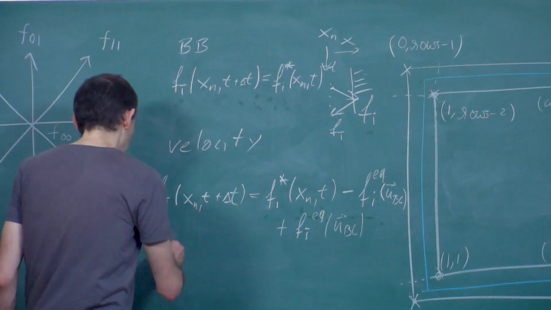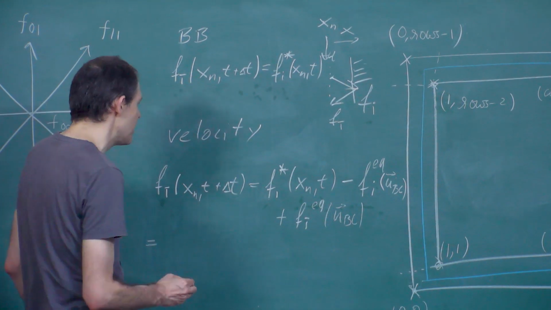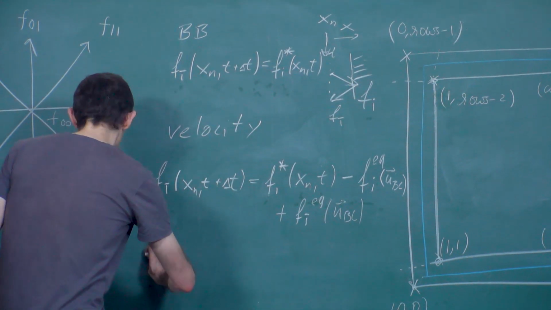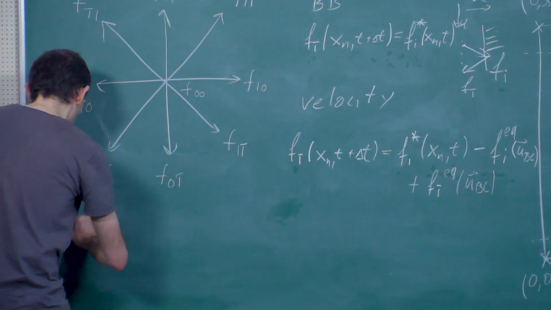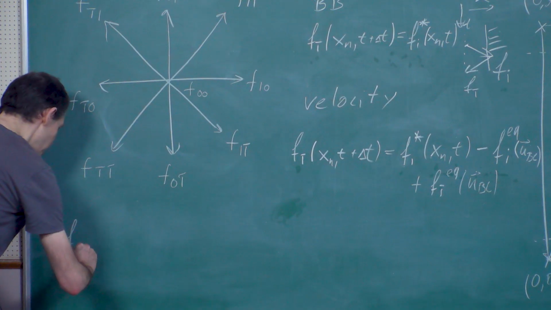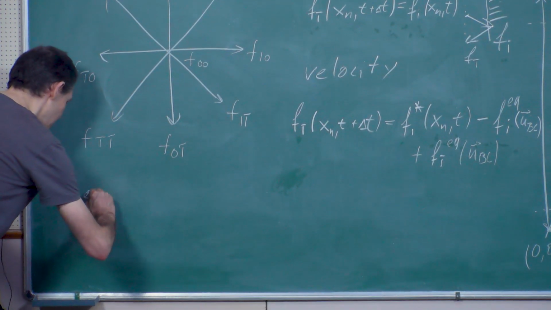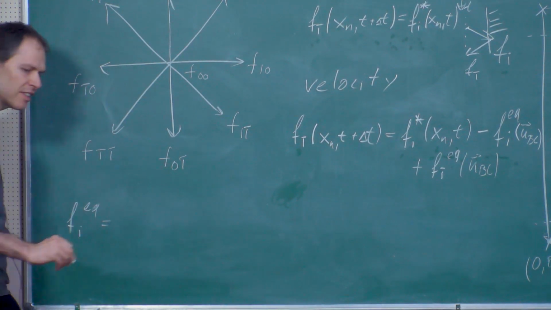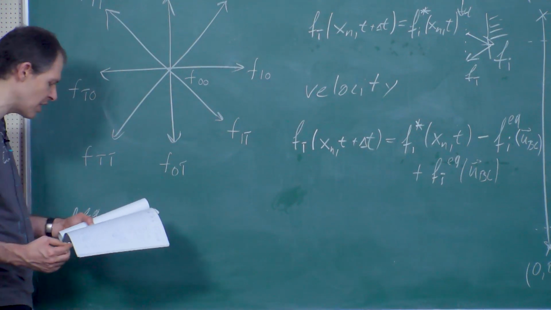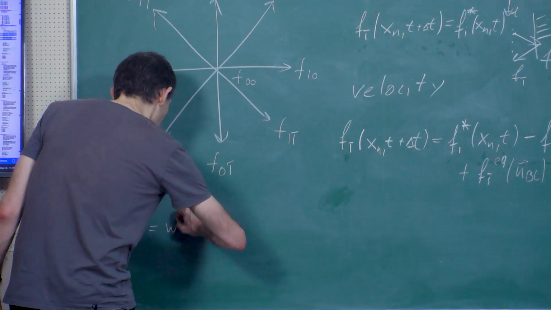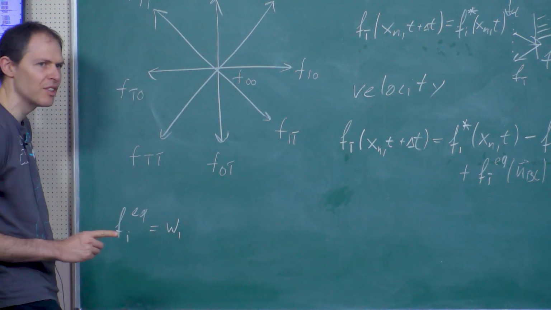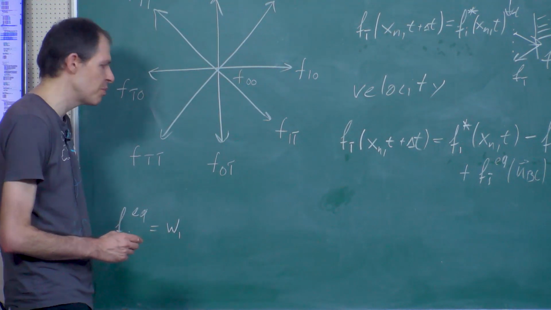Now, a simplification of this, and now I need a little bit more space. So we need to know what the equilibrium of an f_i is, and there are different ways for writing them down, but the one for simplicity that we are using now is the Taylor expanded.